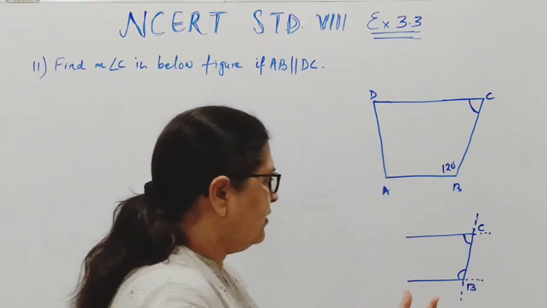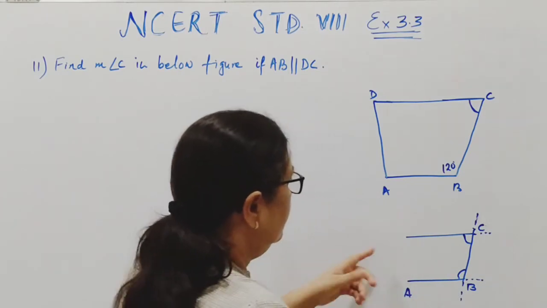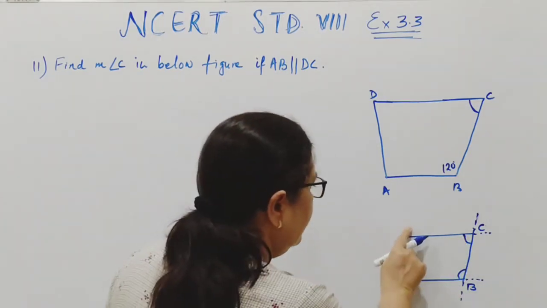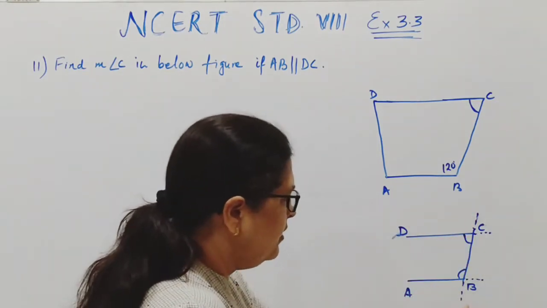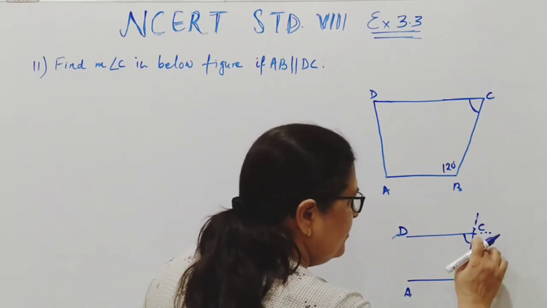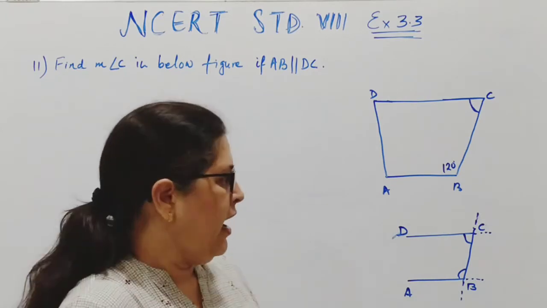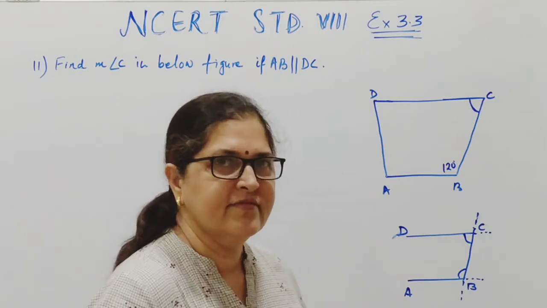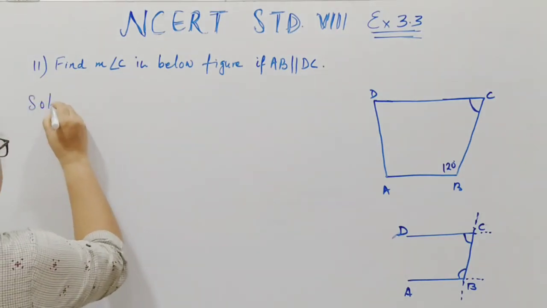So it is clear that AB and CD are two lines and which are parallel and BC is the transversal, and these two angles B and C are forming a pair of co-interior angles, and we know that when the lines are parallel, co-interior angles are supplementary.